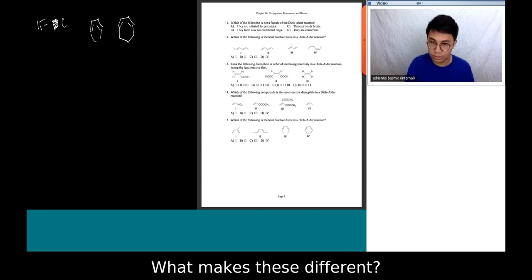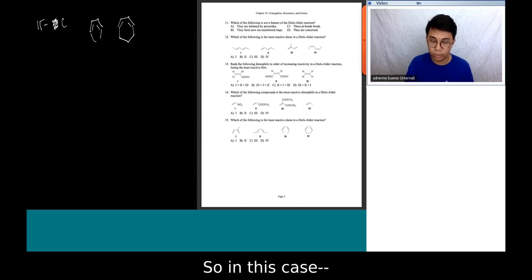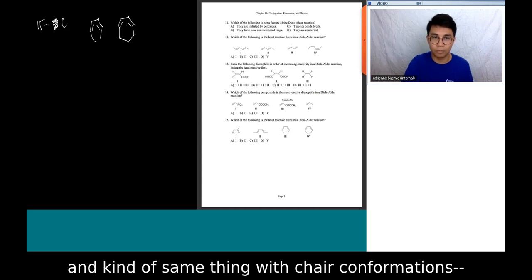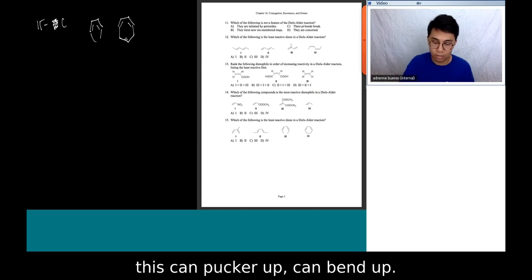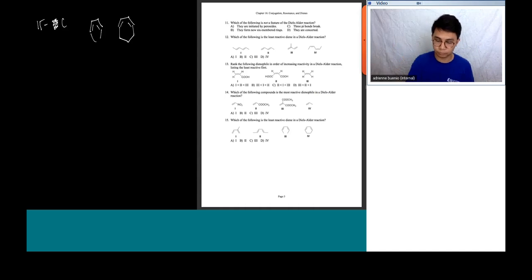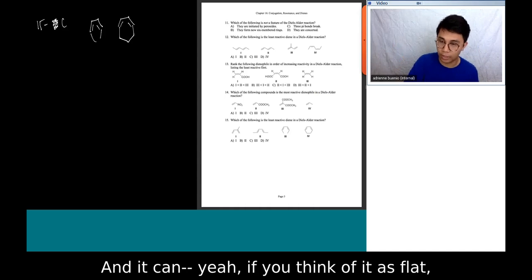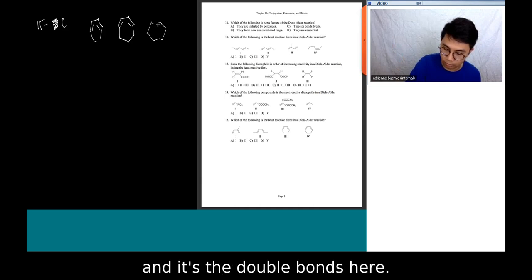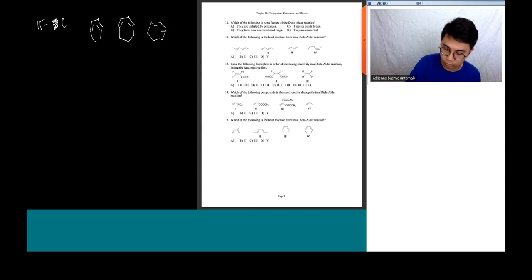So what makes these different? In this case, and kind of the same thing with chair conformations, this can pucker up, right? Can bend up. If you think of it as flat, and let's put double bonds here.